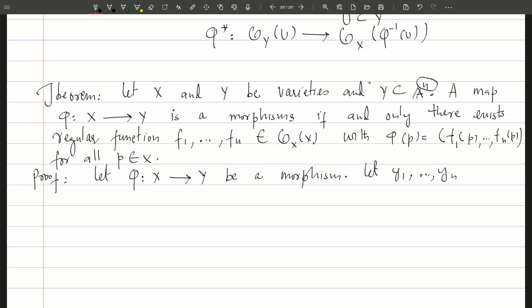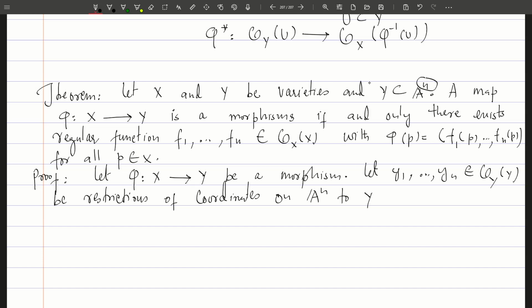These are regular functions given by the restrictions of the coordinates on A^n to y.